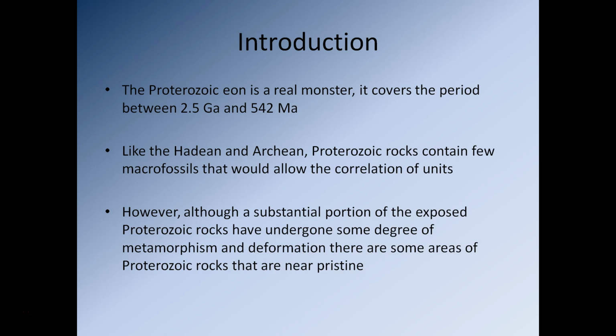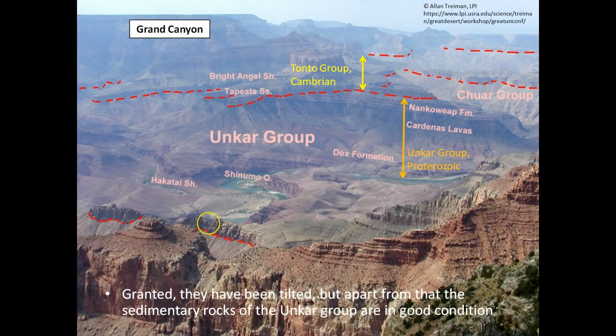However, although a substantial portion of the exposed Proterozoic rocks have undergone some degree of metamorphism and deformation, there are some areas of Proterozoic rock that are near pristine. A good example of that is the Grand Canyon. Towards the bottom of the Grand Canyon sequence of sediments, we have the Unkar group. This is Proterozoic in age, and you can quite clearly make out these nice sedimentary layers.